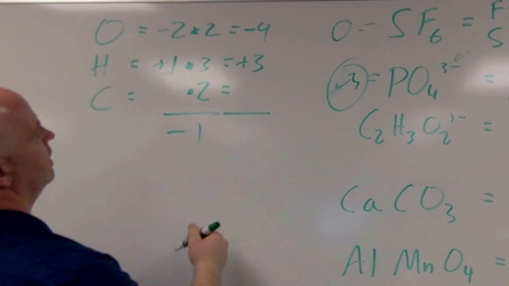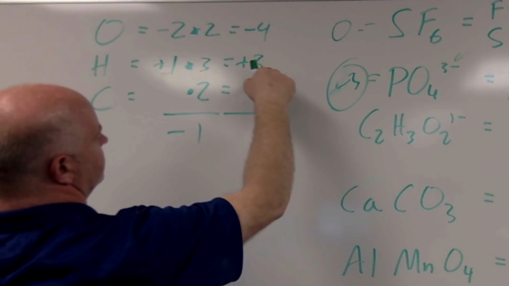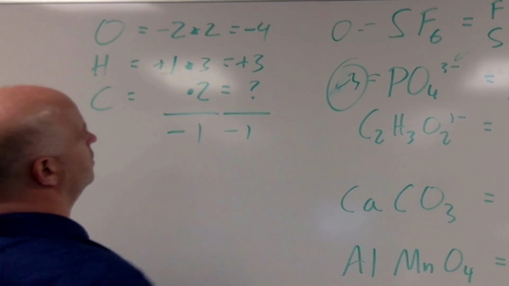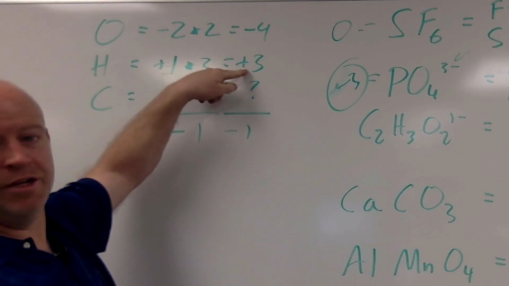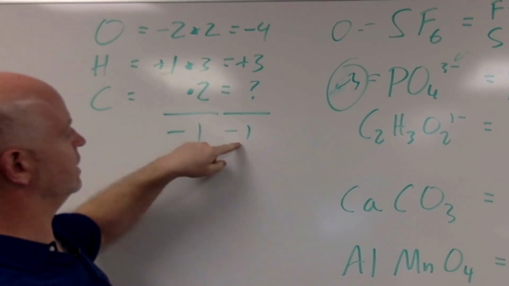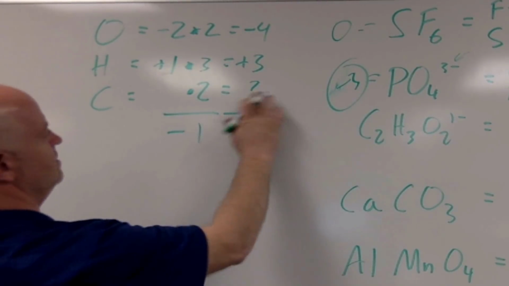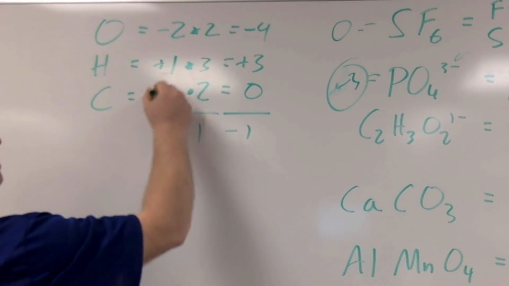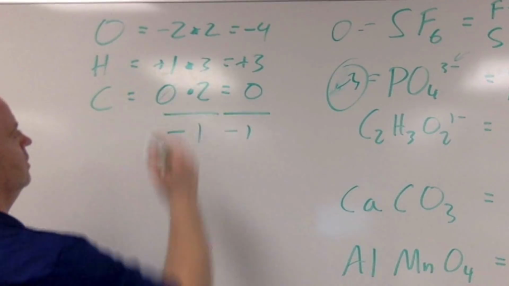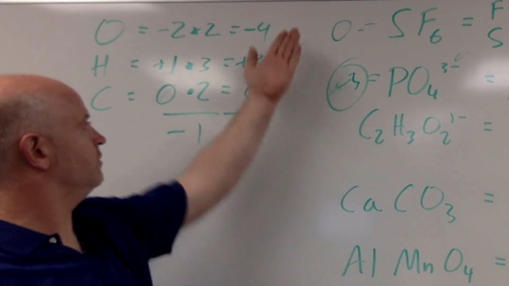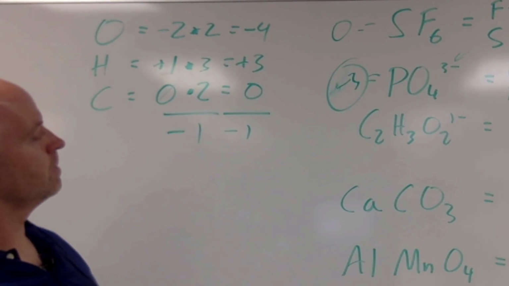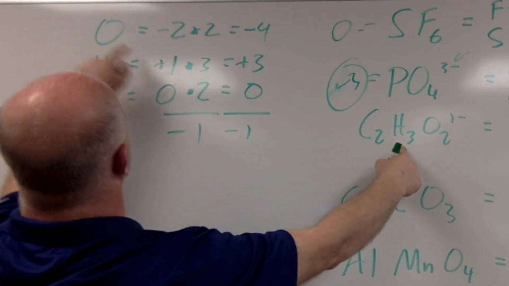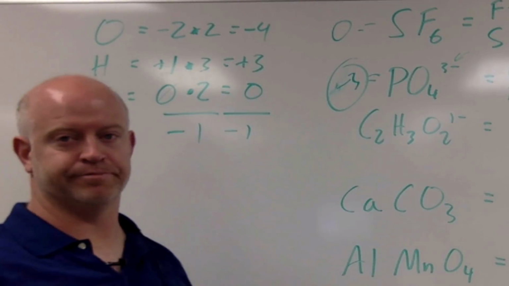So we end up with this idea that a -4, a +3, plus whatever this is, has to equal a -1. Well, a -4 and a +3 already equal a -1, which means this has to be a 0. So carbon actually has an oxidation state of 0 in this scenario. And that's how we would figure it out, okay? So we know that our carbon was a 0, our hydrogen was a +1, and our oxygen was a -2 for this one, all right?